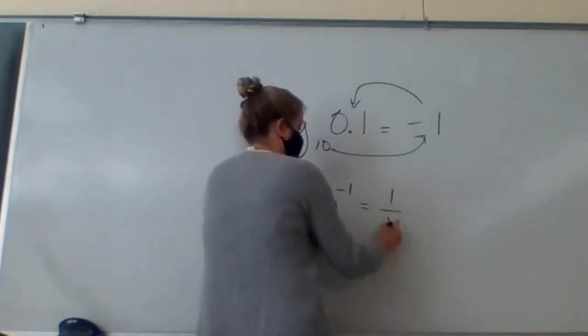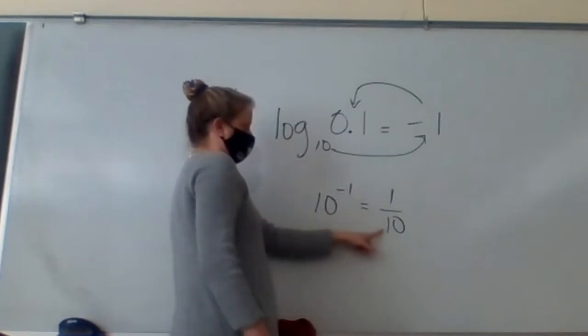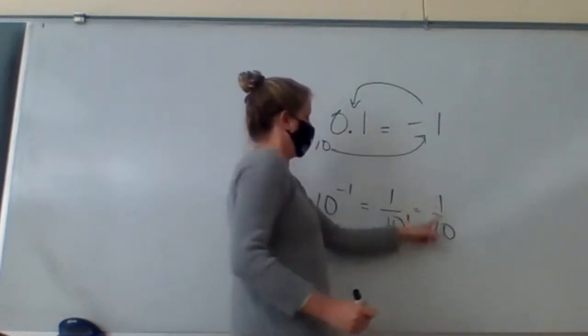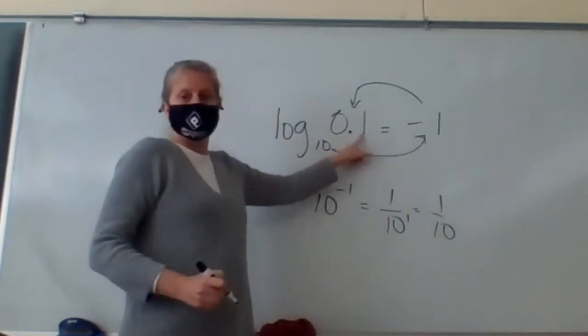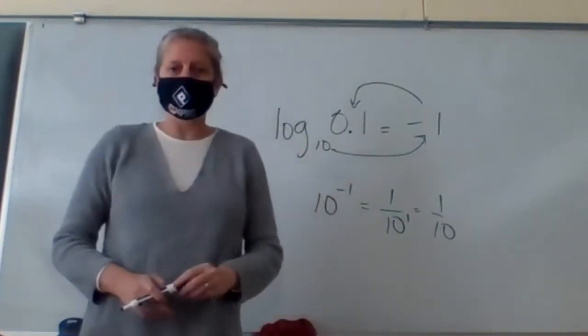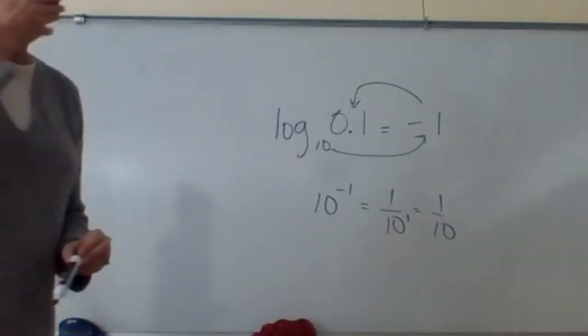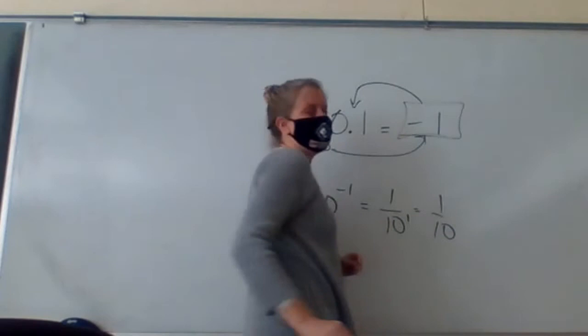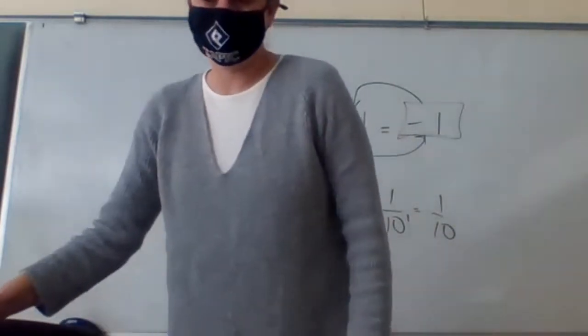So I would have 1/10 to the first power, which is just 1/10. And 1/10 and 0.1 are the same thing, right? So this right here is your logarithm, -1.